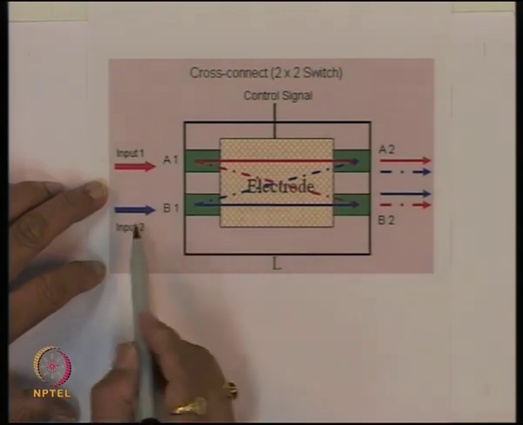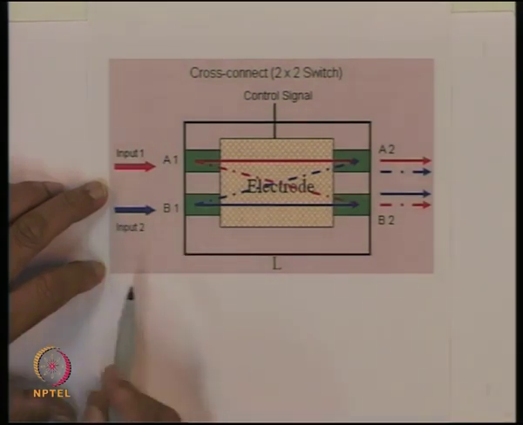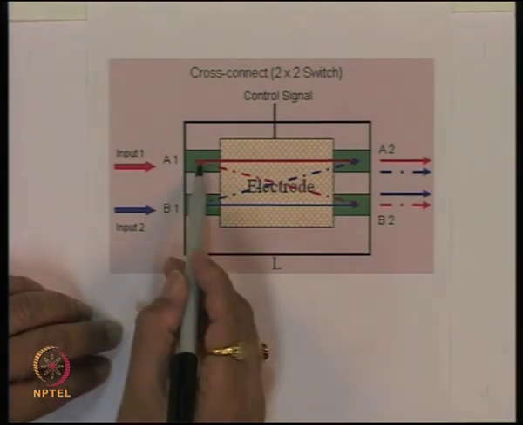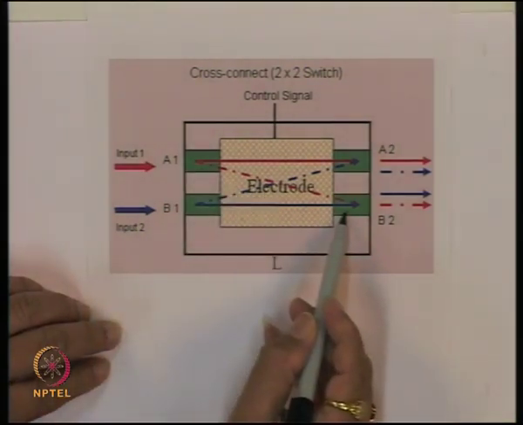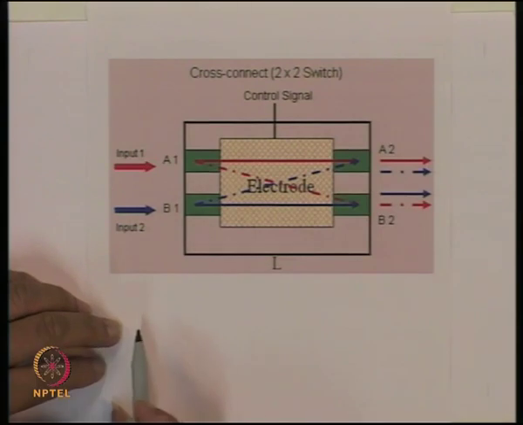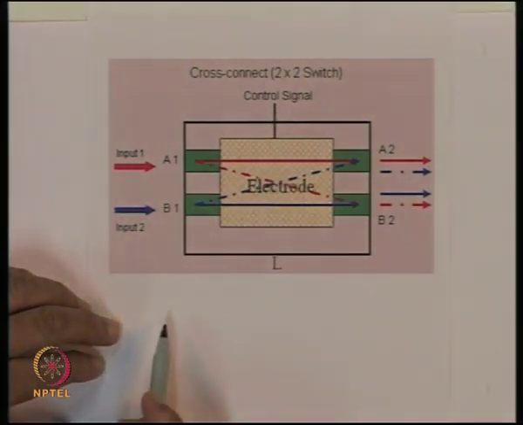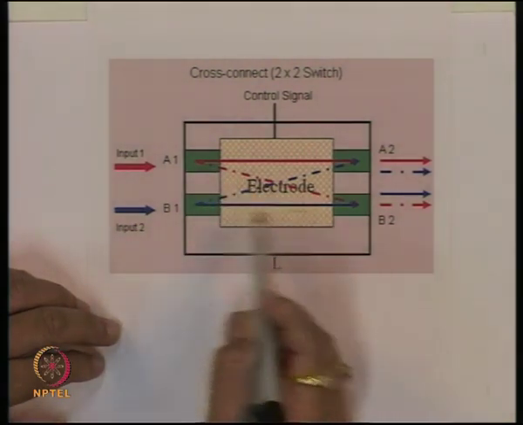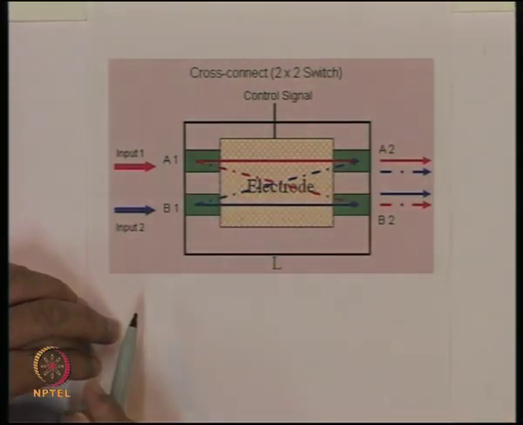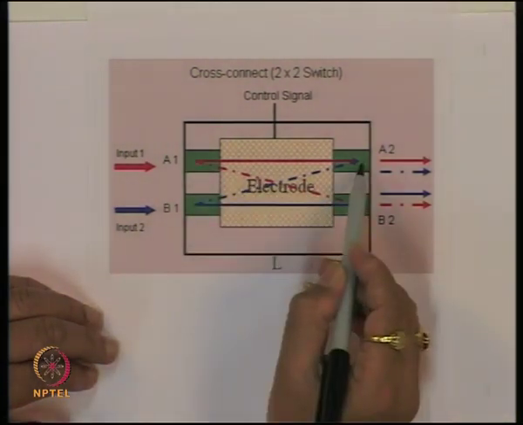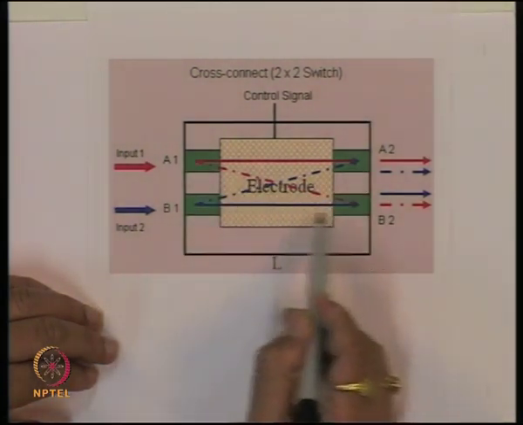But at the same time, suppose I have another input which is connected to this port. Then when this signal gets connected to this, this signal will get connected to this. So, in one of the states of the control signal, you have a cross connect created like that. In another state, when this gets connected to this, at that time this will also get connected to this.